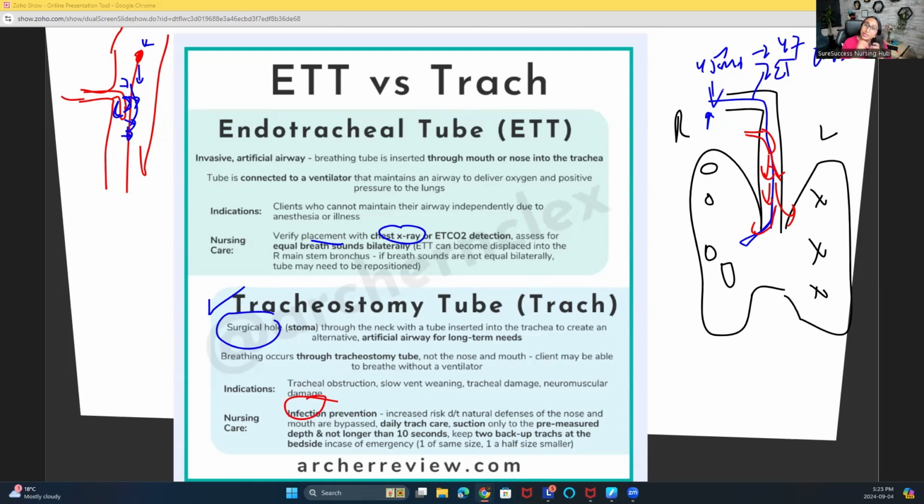If the patient is eating, during the swallowing, what can I suggest to the patient? Deflate the balloon. These are the two situations when we deflate the balloon, for swallowing and for speaking. Otherwise, we always keep it inflated.